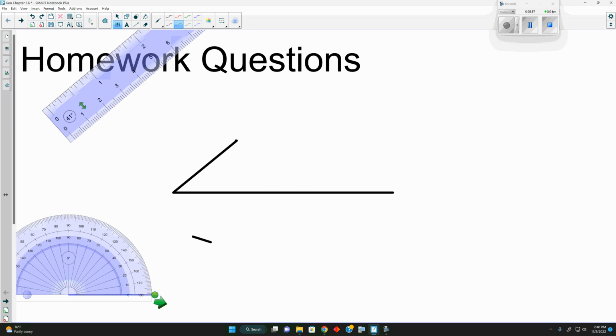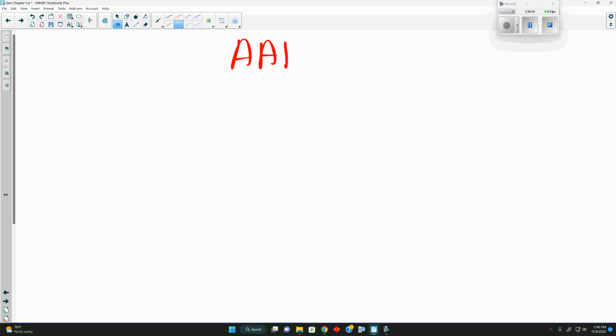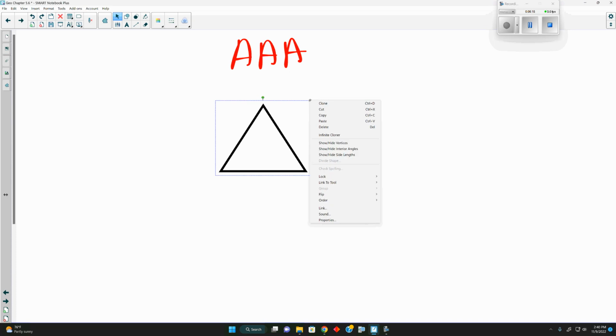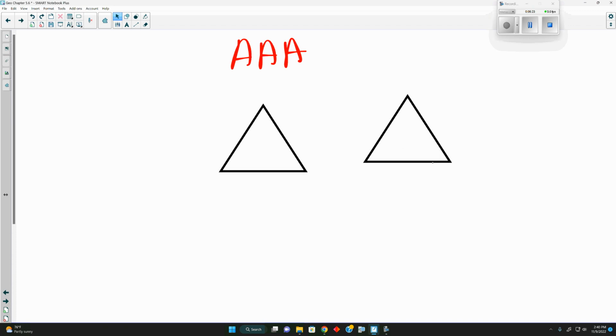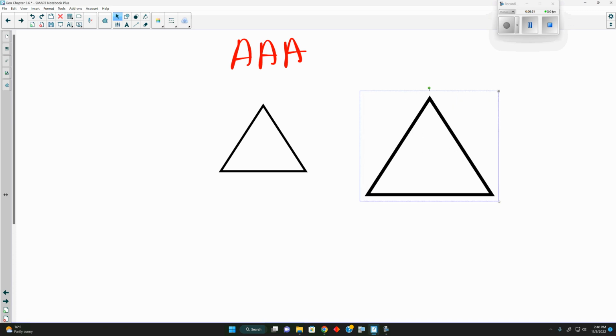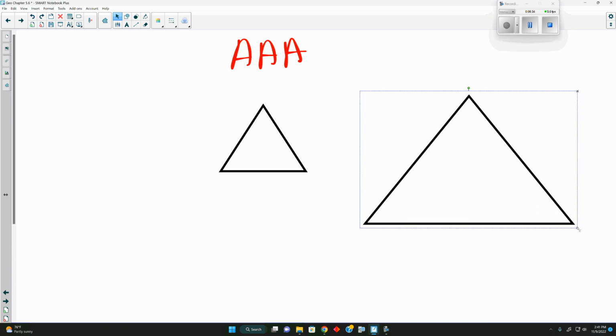All right. Now, the other one we're going to look at before we get started on the next one is angle, angle, angle. So if we have two triangles, these here, the angles are the exact same, yes? For these two here.